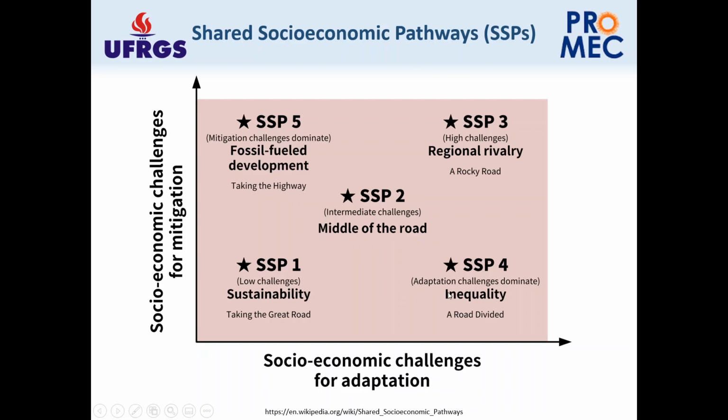On the other hand, for example, SSP 4 is where adaptation challenges dominate. The idea is that you have a lot of inequality. For example, you have very rich people and very poor people. The rich people manage to solve their problems. They have electric cars, they have renewable technologies, but there are a lot of people that still don't have money.